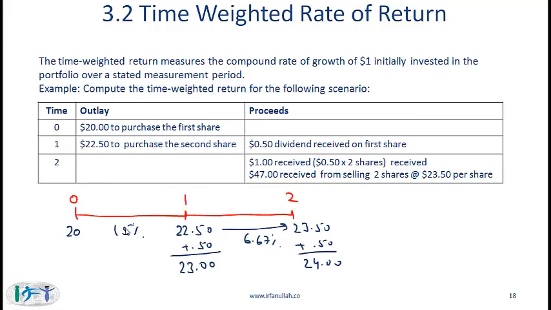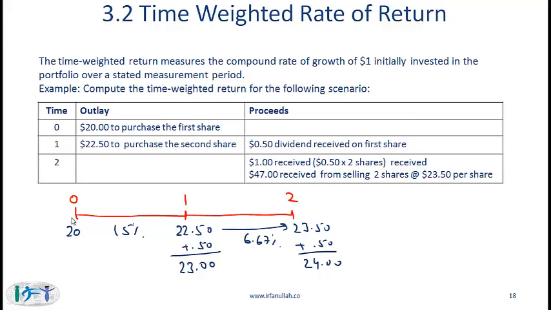To compute the time-weighted rate of return, we need to see what happens to $1 which is invested at time 0. So notice that the investment at time 0 is $20. At the end of the first year, the stock has gone up to 22.5, plus there is a dividend of 0.50.